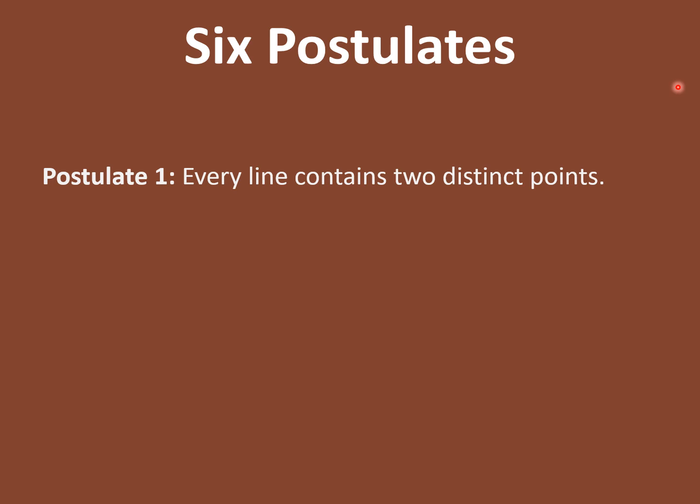All right, so when a line contains a point, we say that that point is on the line. You can see here the points A and B are on this line. We already learned that there are a couple of ways that you can notate or name lines.